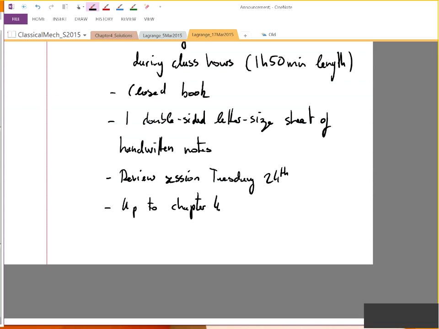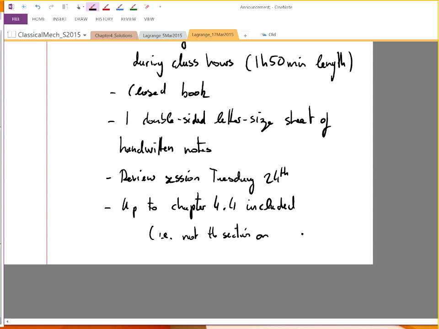Let me see what the section number is. It will cover up to chapter 4.4 included, i.e. not the last section, which is the section on the Routhian.